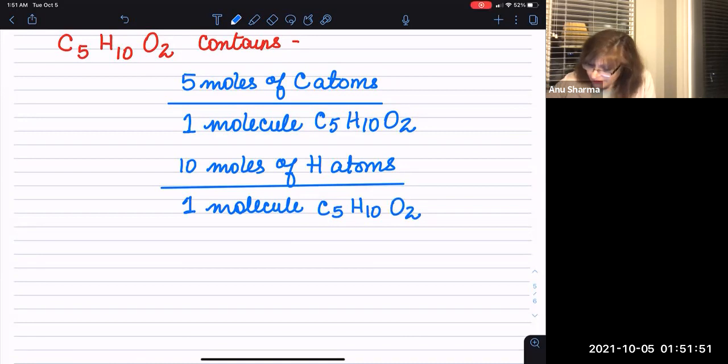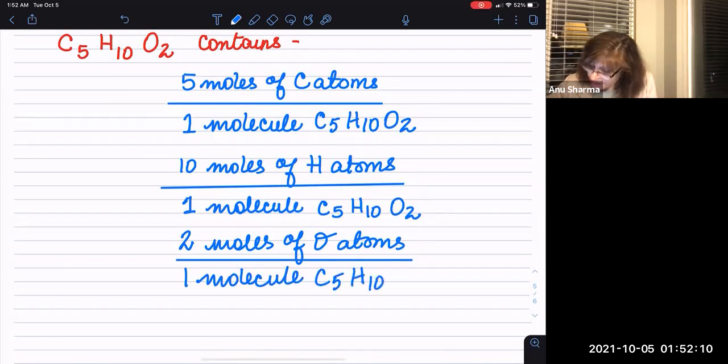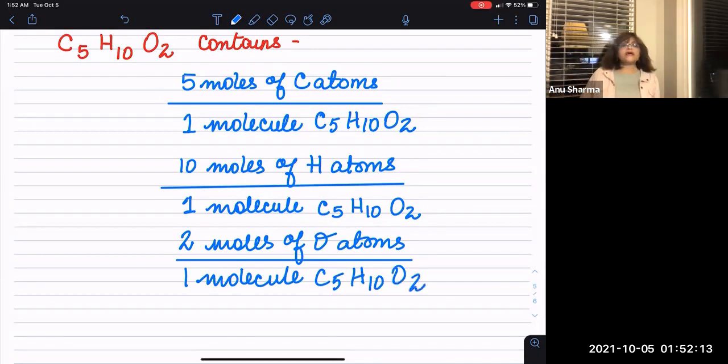Okay, and similarly 2 moles of oxygen atoms are present in one molecule of C5H10O2.